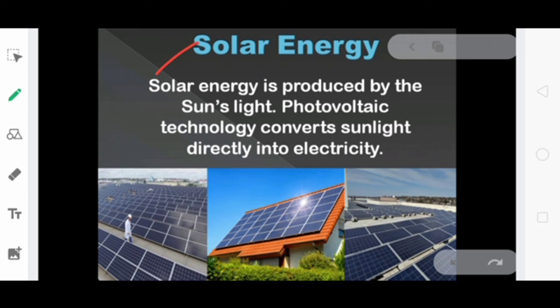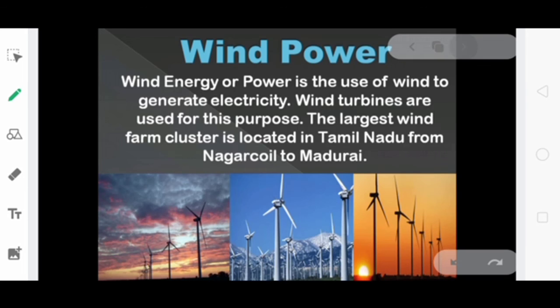Next is solar energy. Solar energy is produced by the sun's light. Photovoltaic technology converts sunlight directly into electricity. So that's it with the solar energy.